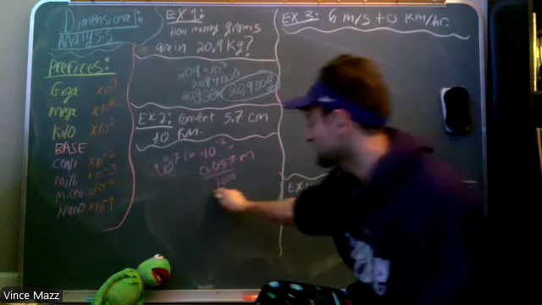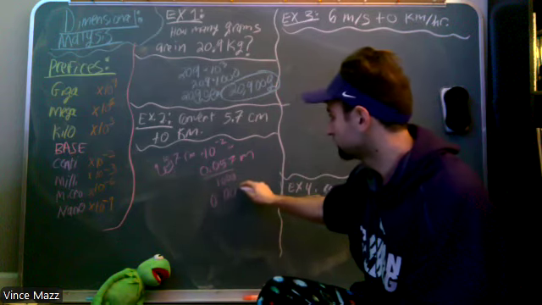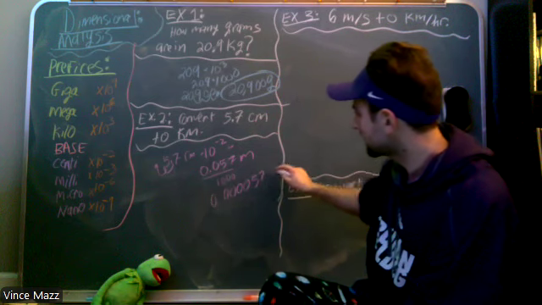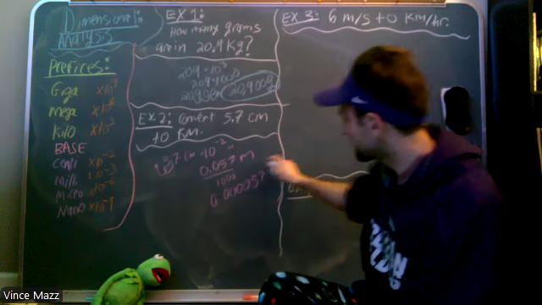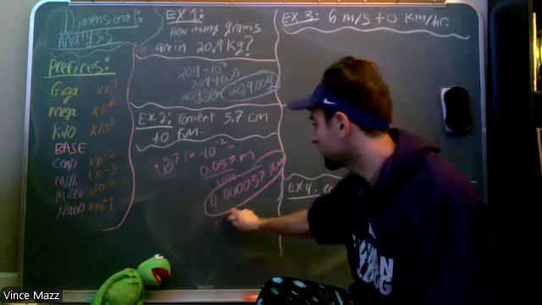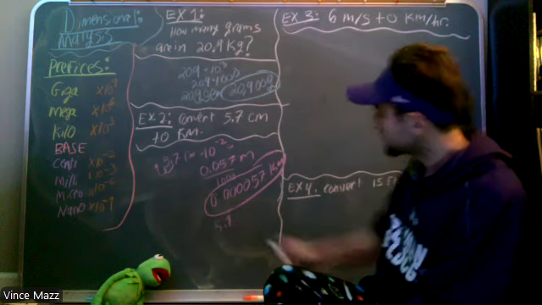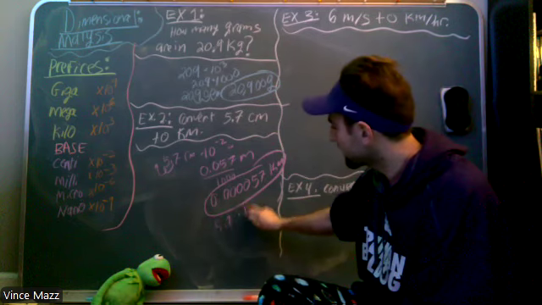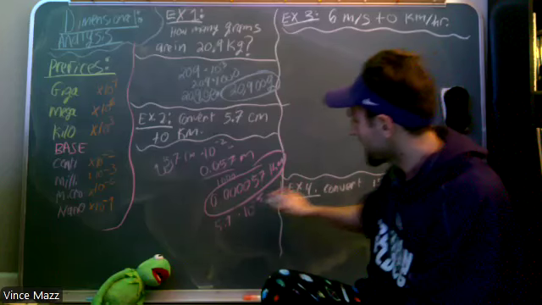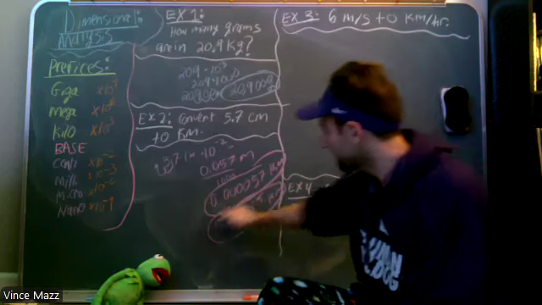So then you got 0.0000057 kilometers. It's a very small amount of kilometers there. Or, as we write this in scientific notation, 5.7 times 10 to the negative fifth kilometers.